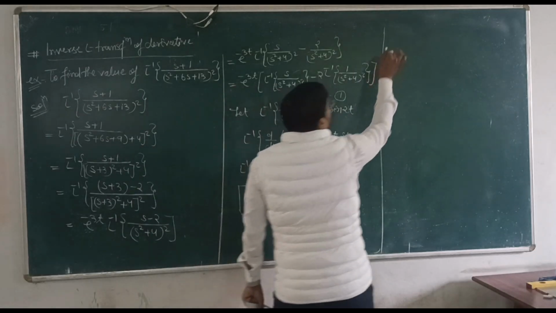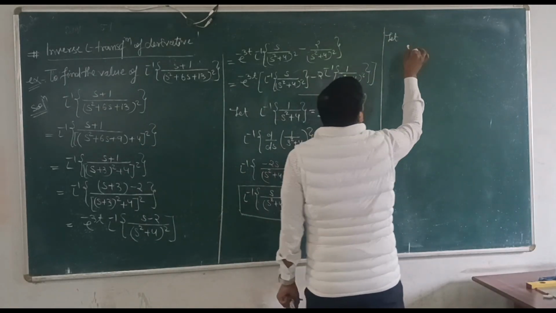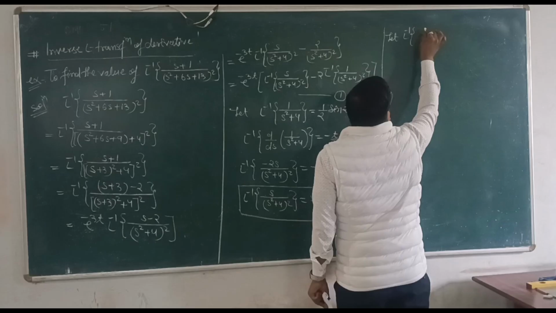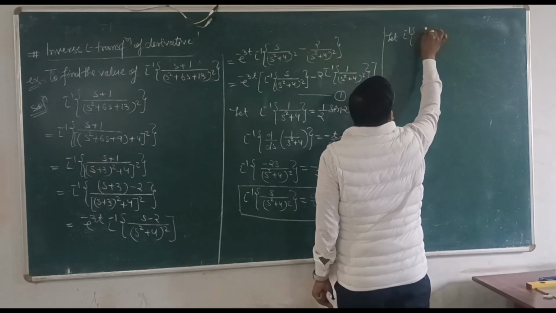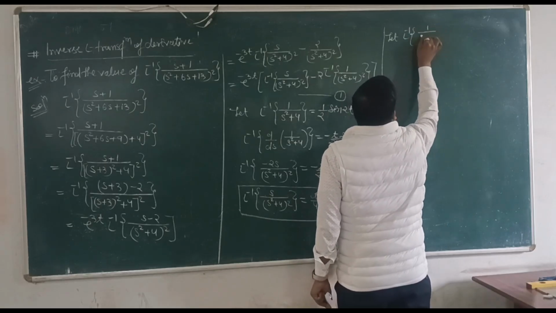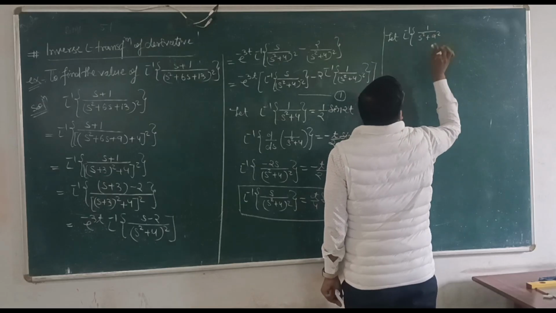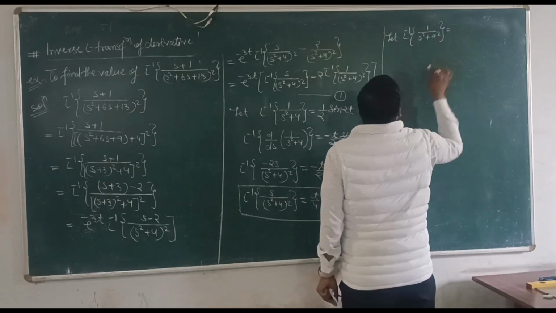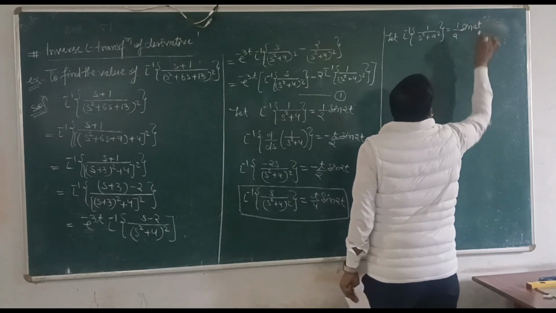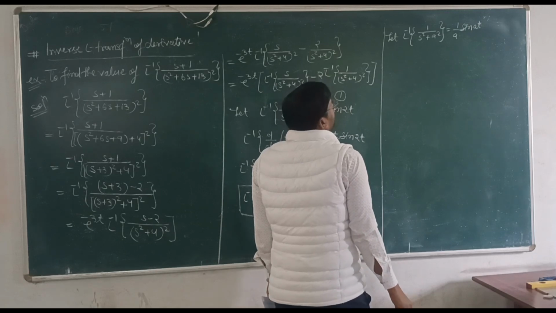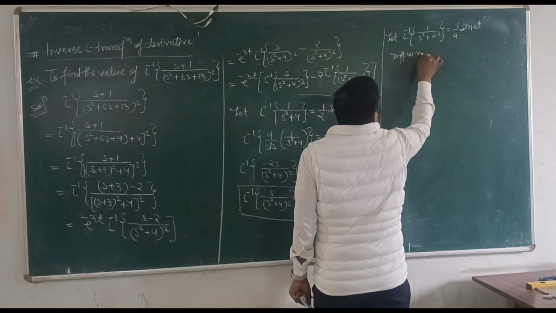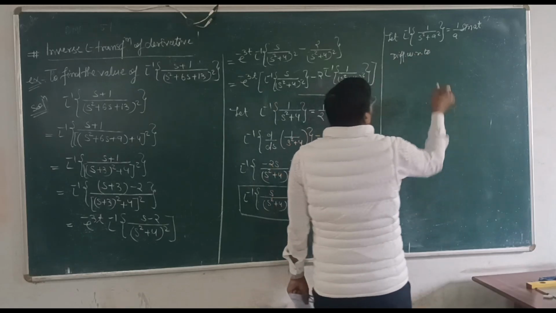Now again, let inverse Laplace of 1 upon s square plus a square is equal to 1 upon a sin at. Differentiate with respect to s.